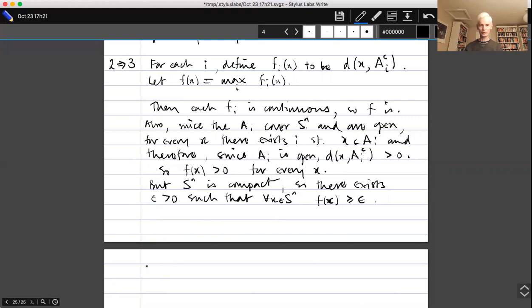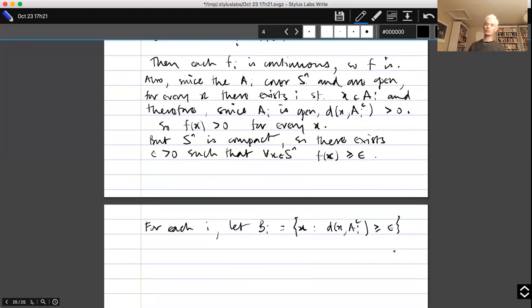So for each i, let B_i be the set of x such that the distance from x to A_i complement is greater than or equal to epsilon. That's a closed set. The quickest way of seeing that is that it is an inverse image of the closed set consisting of everything from epsilon up to infinity under this continuous function.